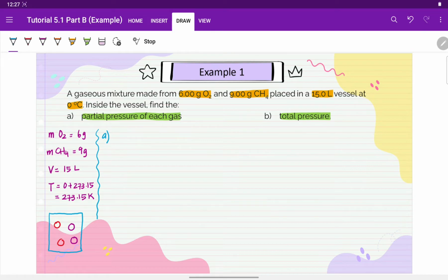So we can use the ideal gas equation, which is PV equals nRT.